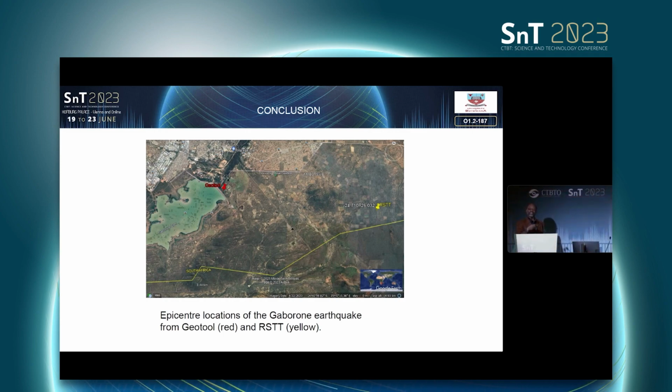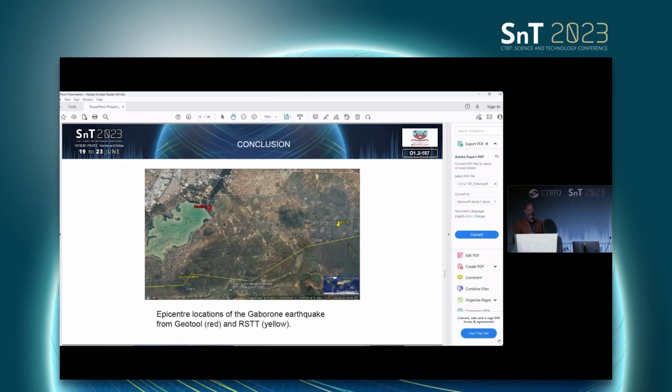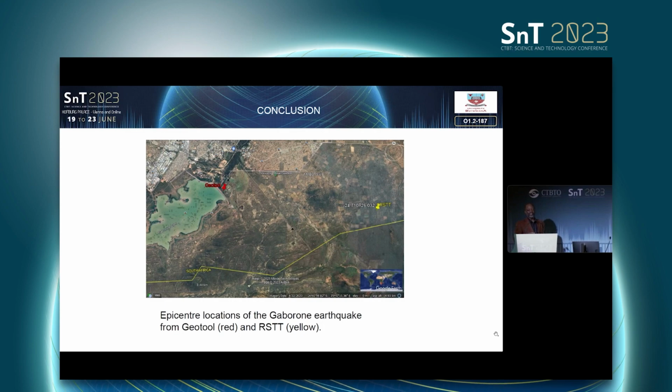That's the dam which supplies water to this whole city. So the GeoTool results show us that the event was very close to the dam. The RSTT results show us that the event was around 10 kilometers away from the dam. But this is right within the city. So that's why it's of interest to us.